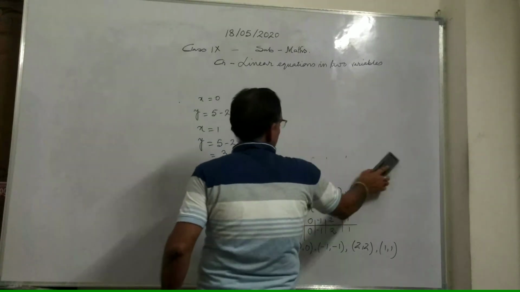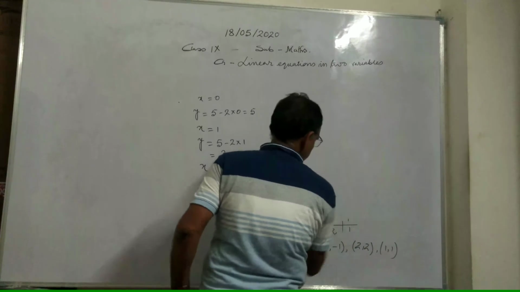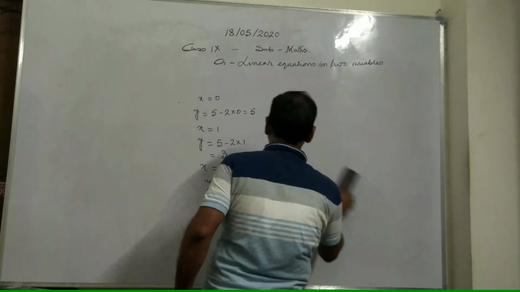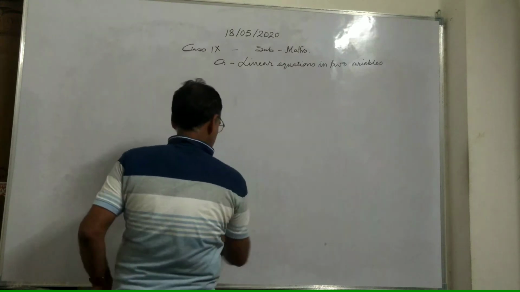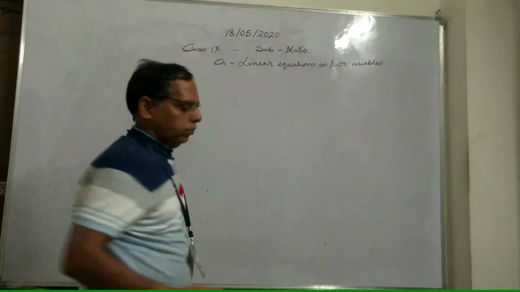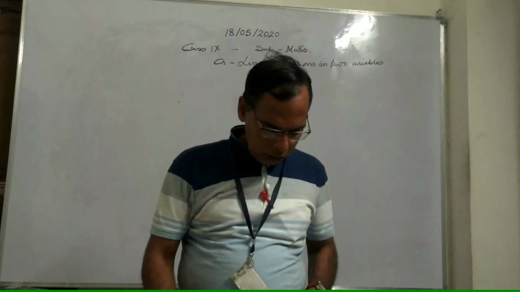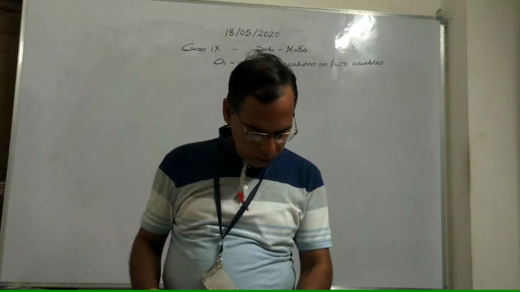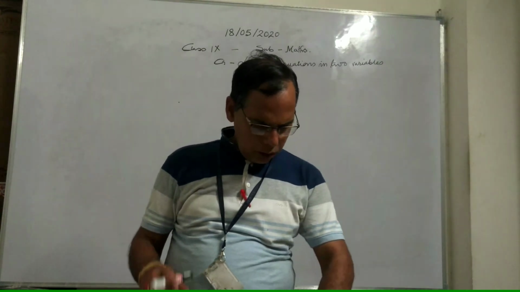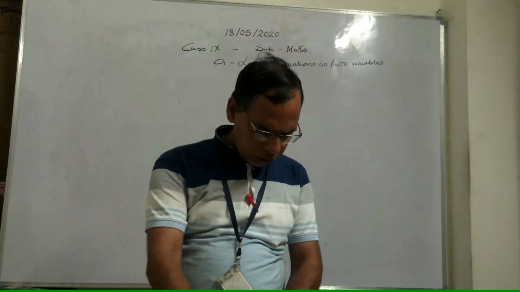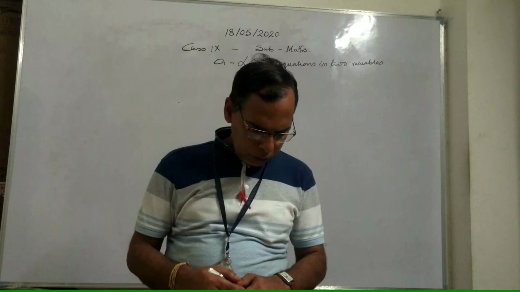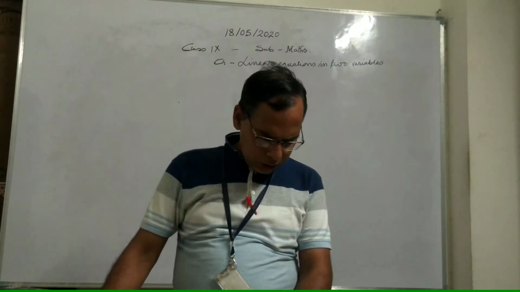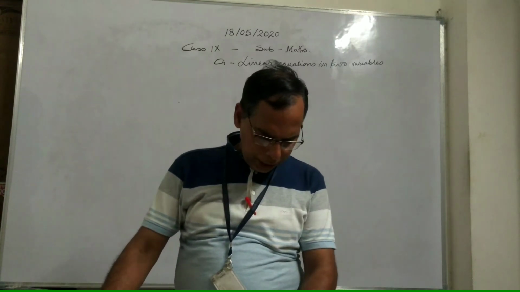Now let's see a few questions from exercise 4.2. In 4.1, one question I had given as homework, so I will do that one and then proceed to exercise 4.2. The cost of a notebook is twice the cost of a pen.